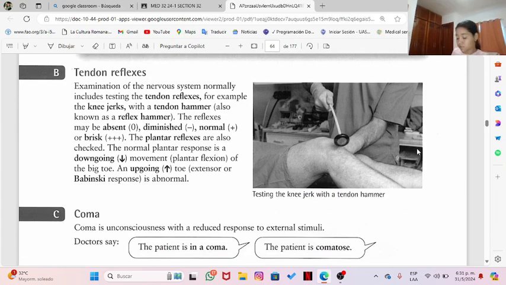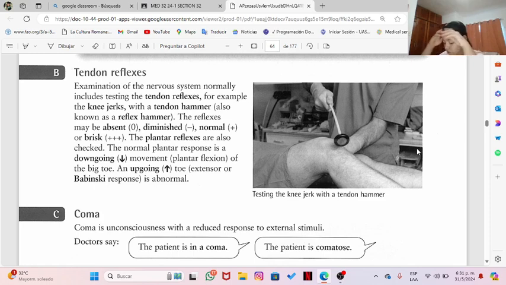Tendon reflexes. Examination of the nervous system normally includes testing the tendon reflexes, for example, the knee jerk with a tendon hammer, also known as a reflex hammer. The reflexes may be absent, zero, diminished, normal, or brisk.